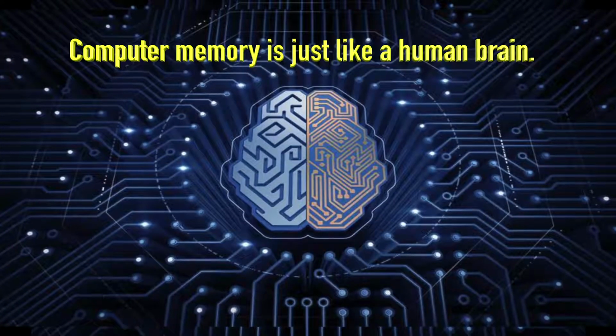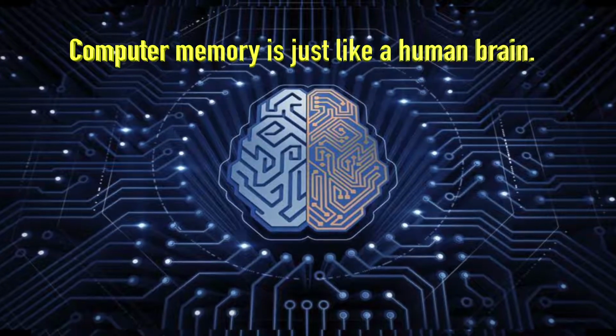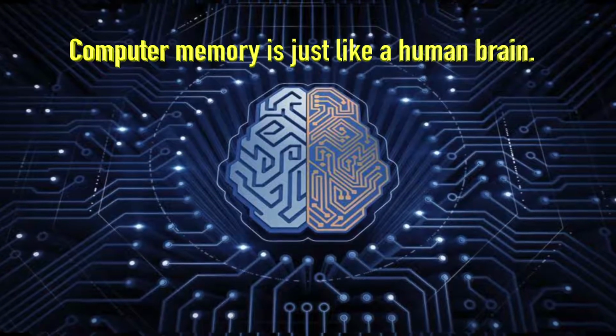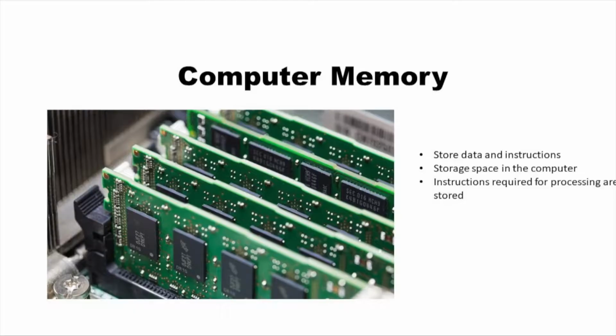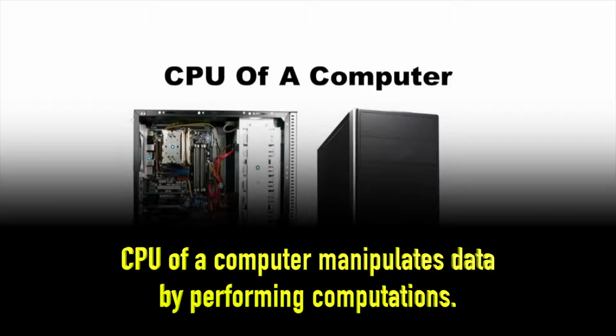Coming to computer memory, a computer memory is just like a human brain. It is used to store data and instructions. It is the storage space in the computer where the data is to be processed and the instructions required for processing are stored. The CPU of a computer manipulates data by performing computations.